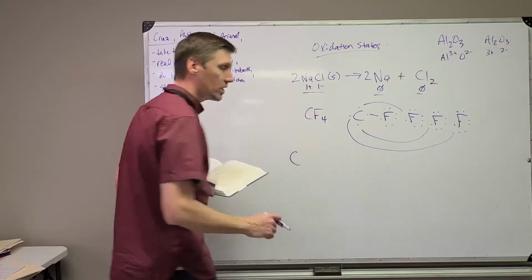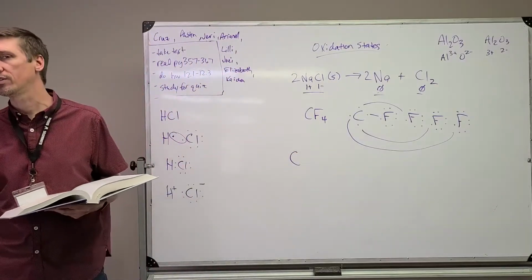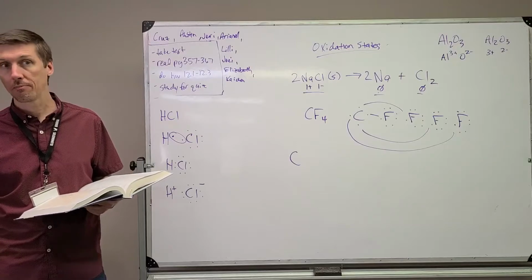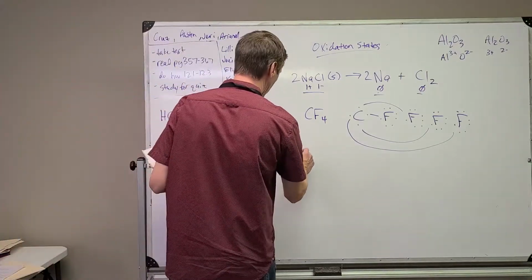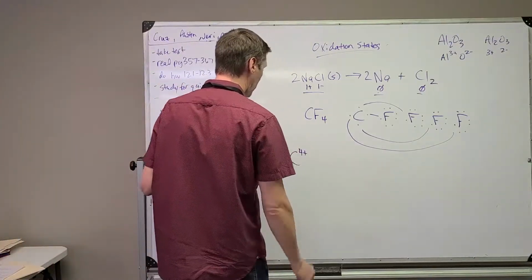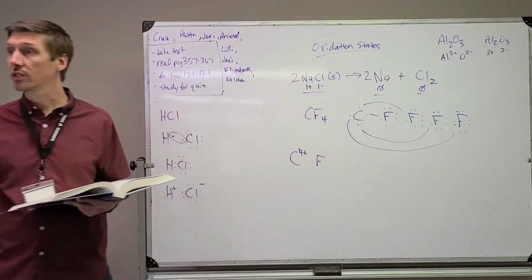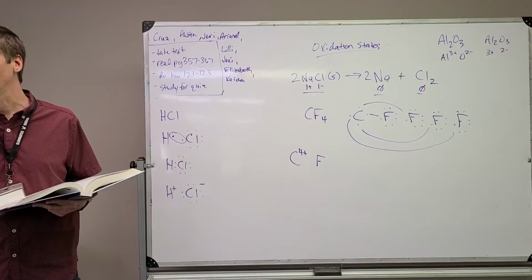So C, since it got rid of all 4 of its valence electrons, what's it going to have a charge of? Plus 4, or 4+ is usually how we write that. So C4+, and then each of the F's is going to have an extra electron, so each F is going to have a charge of what?